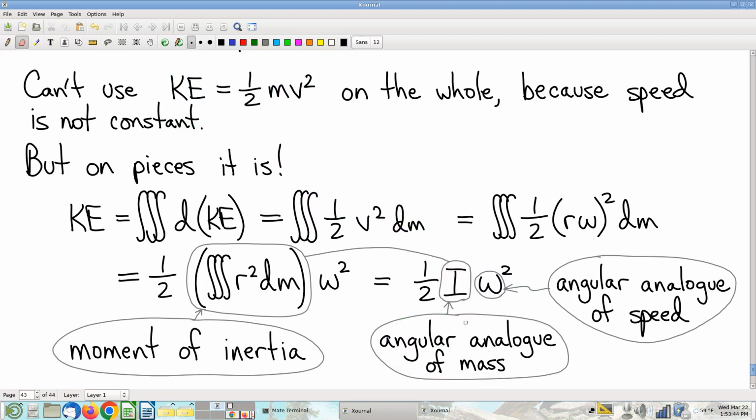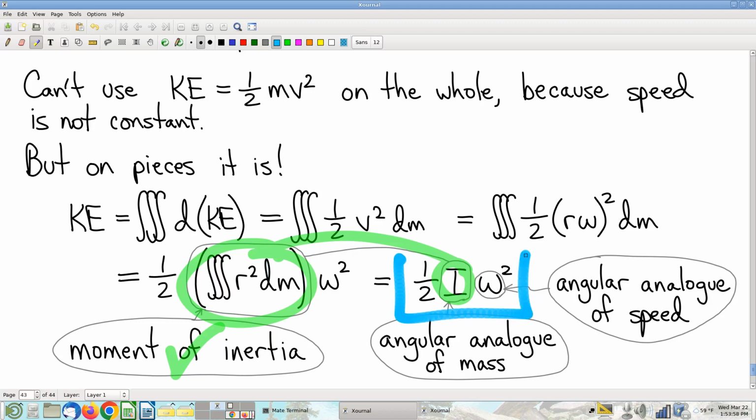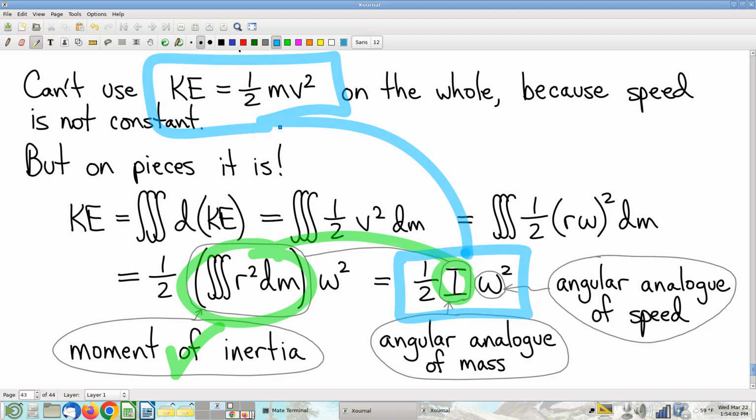But if you define this thing here to be something, we give it a name, we call it moment of inertia, and then if you interpret it as the thing that goes in that position in this formula for computing kinetic energy, then everything fits together.